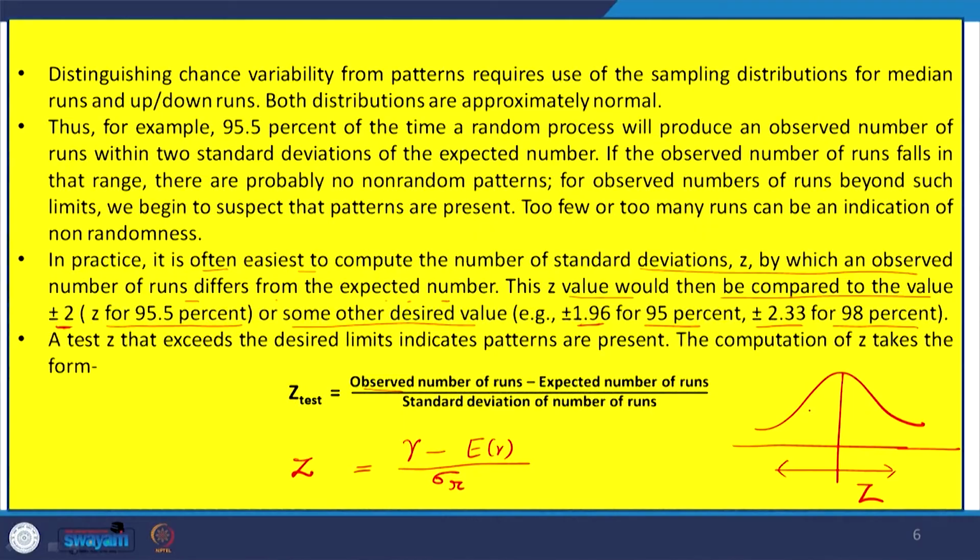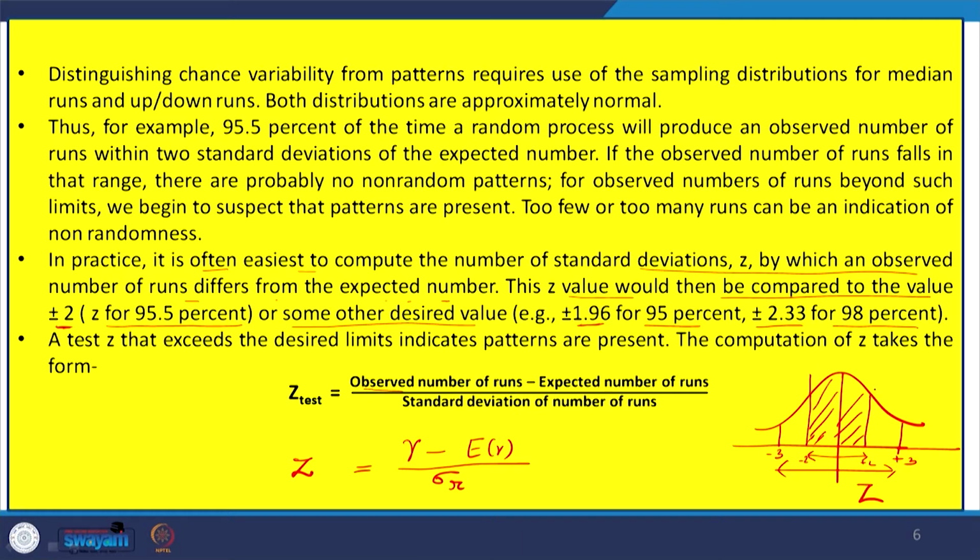So, depending upon how much variation I am including in my discussion, I will take a value of Z, because of the area under this curve. It may be from here to here, minus 2 to plus 2, then from here to here it can be minus 3 to plus 3.